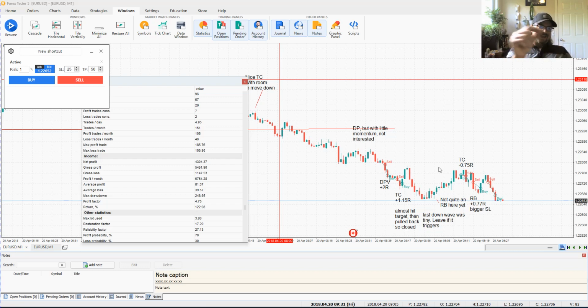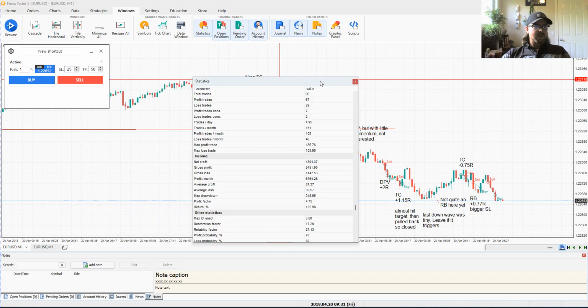So start doing that in Forex Tester, just pushing yourself to stay in that trade. Then you'll be able to see if your statistics improve, and you'll have actual verifiable data that, yeah, I was doing this before and I made this amount. Now I'm doing this and I made this amount.